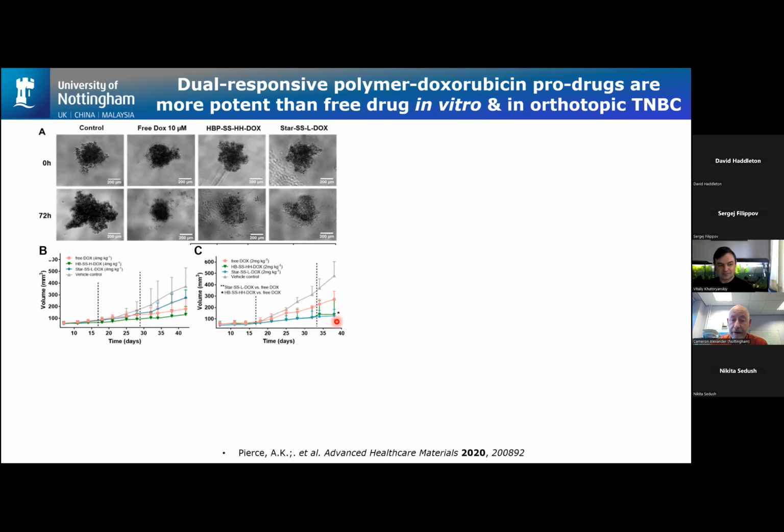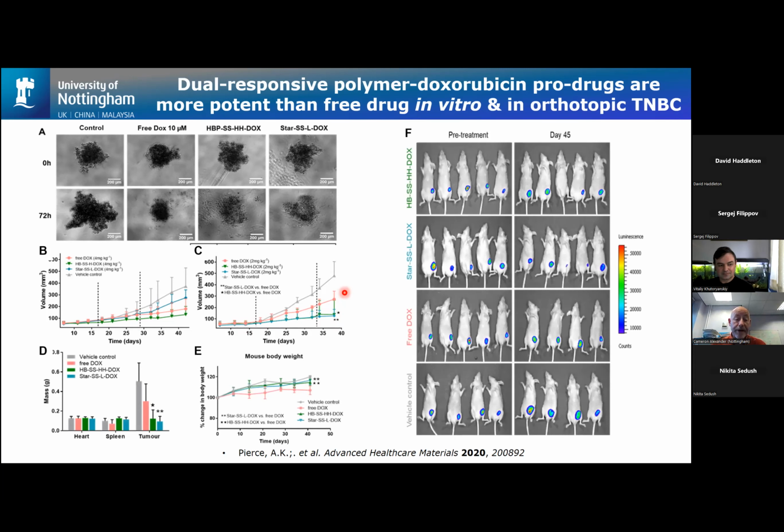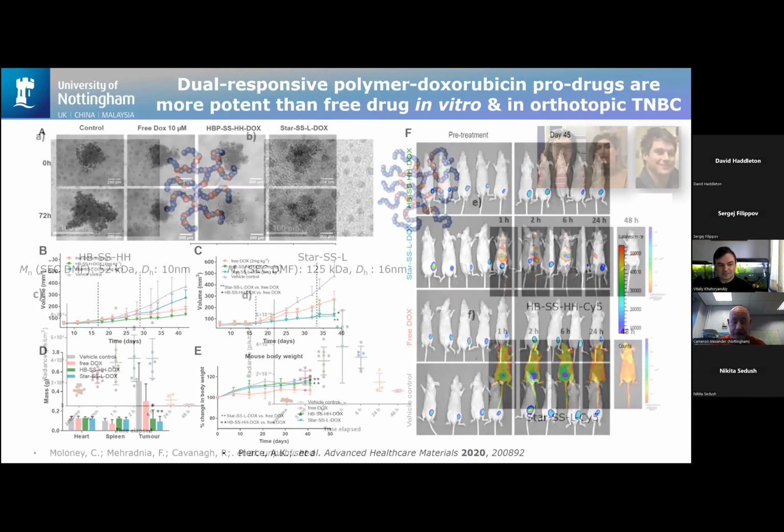This was not a xenograft, this was an orthotopic model, and we saw very little increase in tumor volume, even when the free drug was unable to prevent tumor growth. We saw no weight loss, and we saw greater tumor reduction in terms of mass, and here are the pictures to show it. But this is kind of odd because we didn't really know why that should be, and we've been trying to unpick that in recent months.